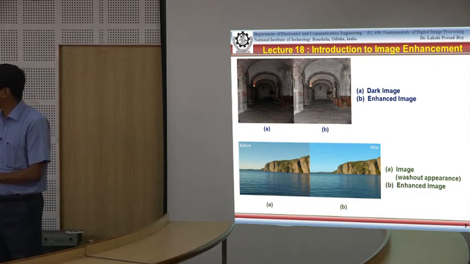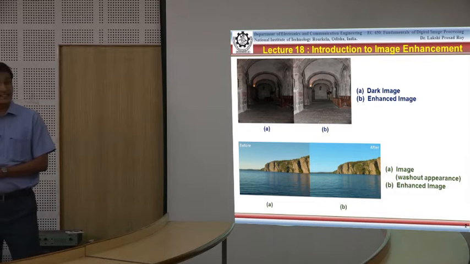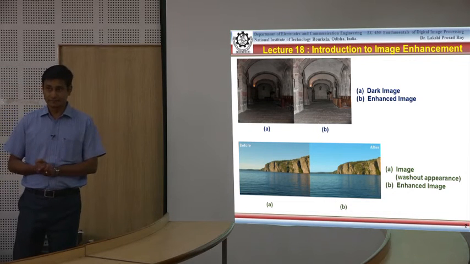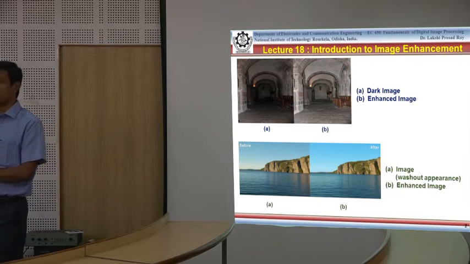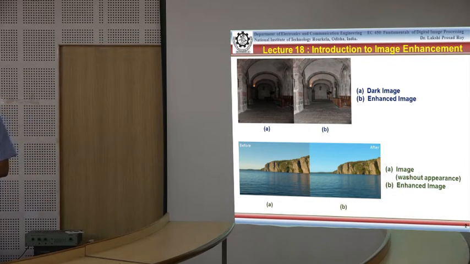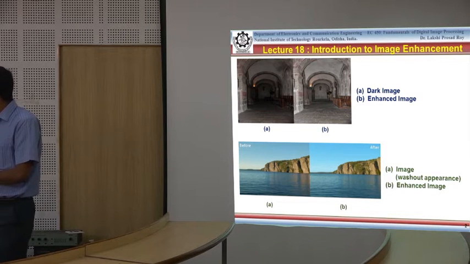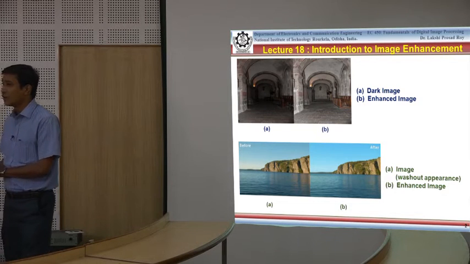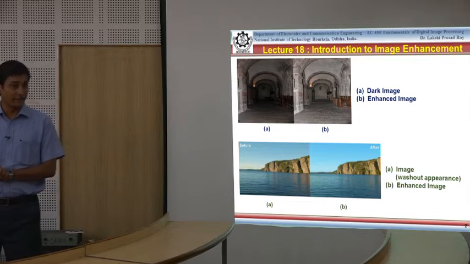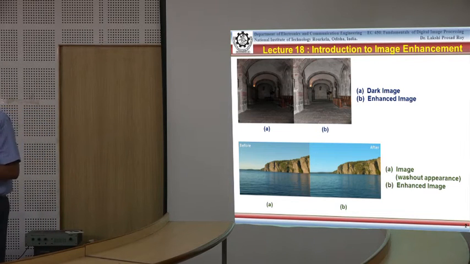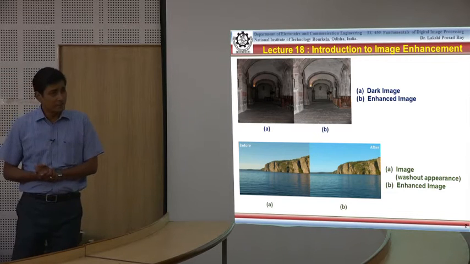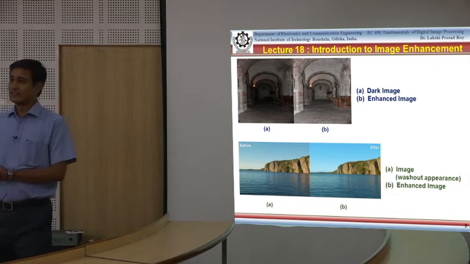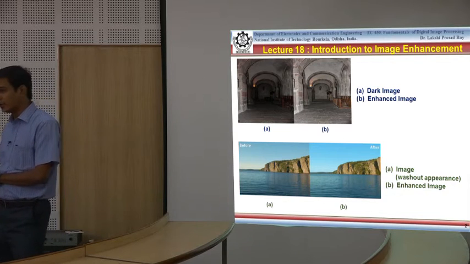I am saying in some manner or up to some extent, and that is very important with respect to the term enhancement. I will not be able to tell you how much I could enhance, or give a quantity value for the enhancement. I will say only in a subjective way, like some better, little better, far better, very good, or good.